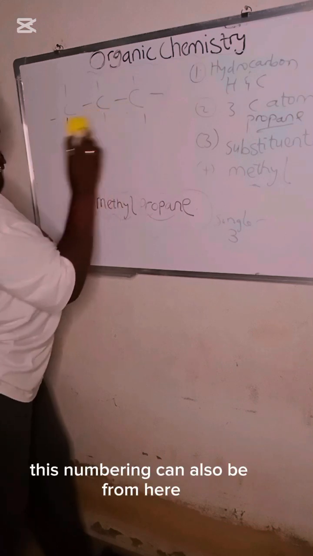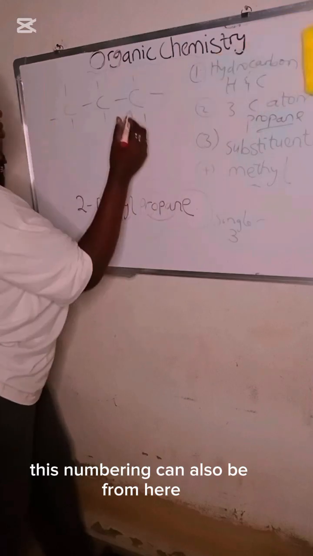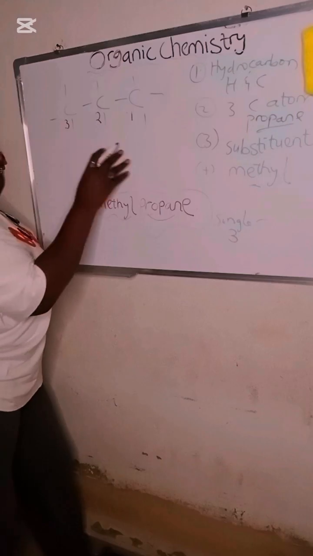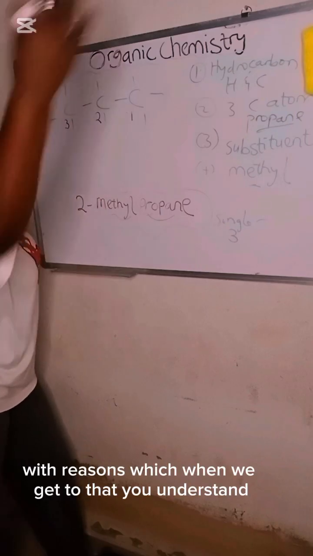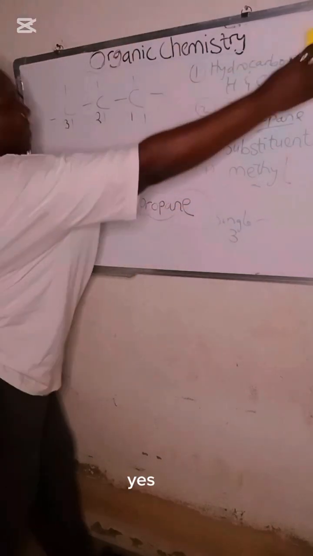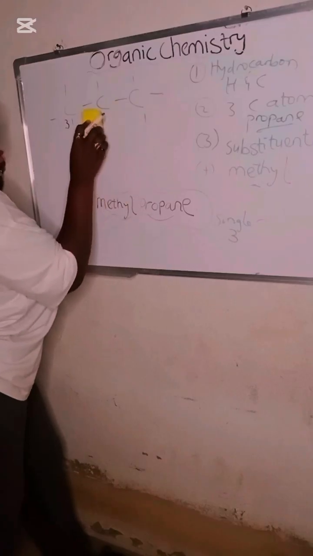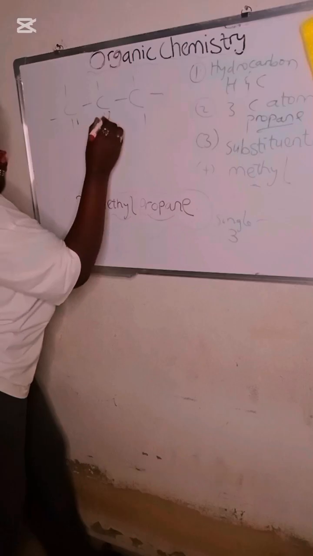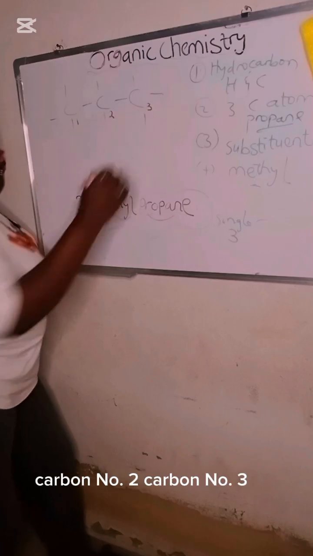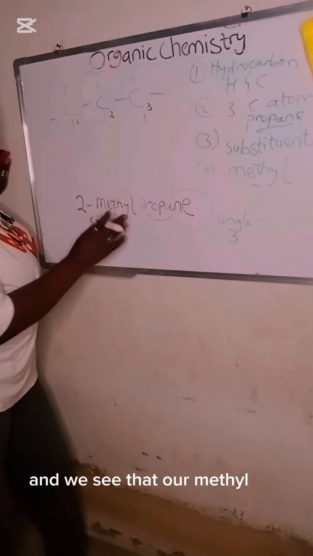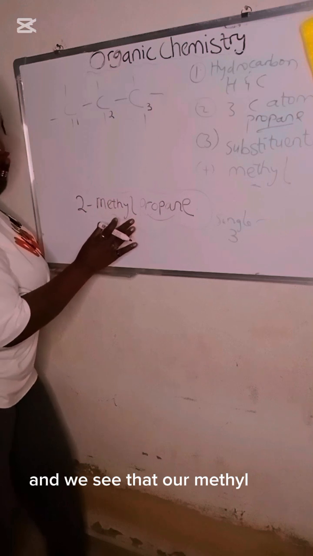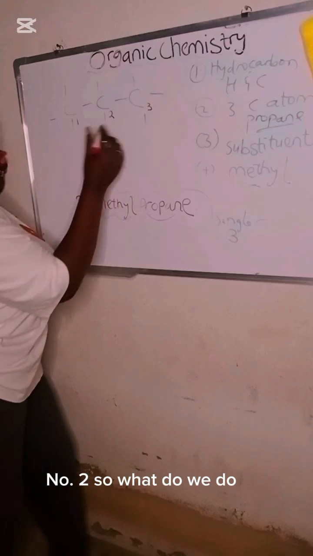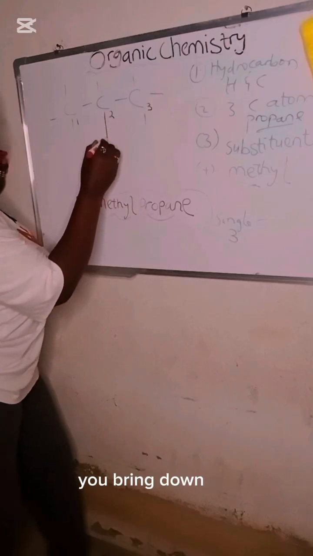This numbering can also be from here, with reasons, which when we get to that you understand. So we have carbon number 1, carbon number 2, carbon number 3, and we see that our methyl group here is attached to carbon number 2. So what do you do? You bring down.